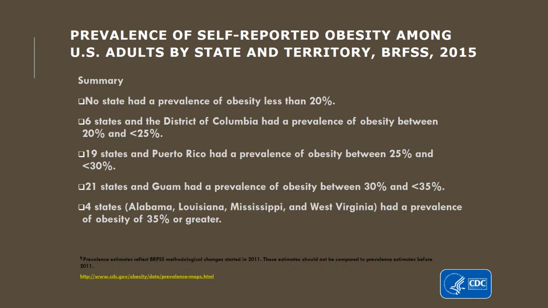So no state had a prevalence of obesity less than 20%. 6 states and DC had a prevalence between 20 and 25%. 19 states and Puerto Rico had a prevalence between 25 and 30%. 21 states and Guam had a prevalence of 30 to 35%, and then 4 states, of which we are, of course, included, Alabama, Louisiana, Mississippi, and West Virginia, had a prevalence of obesity of 35% or higher.